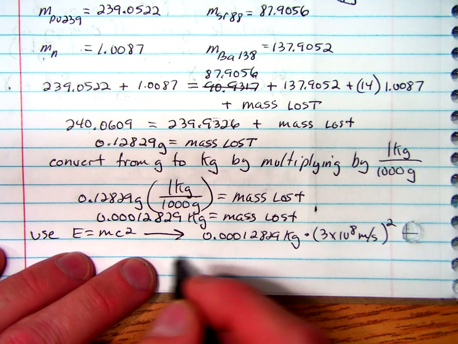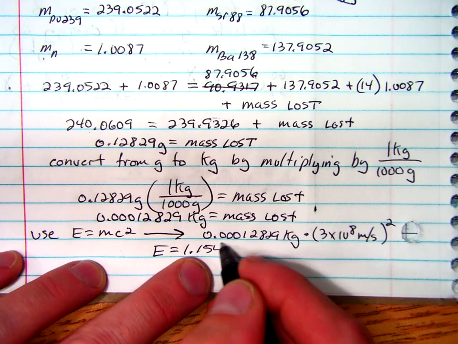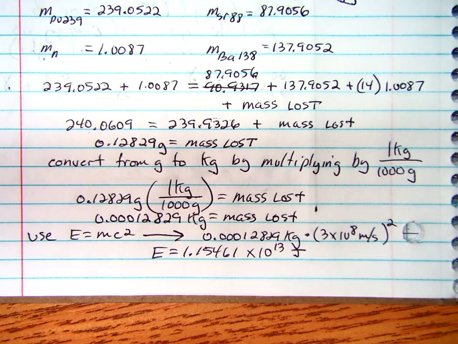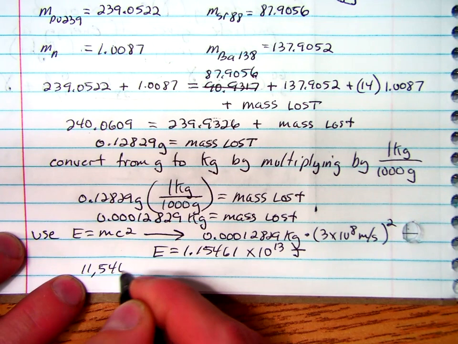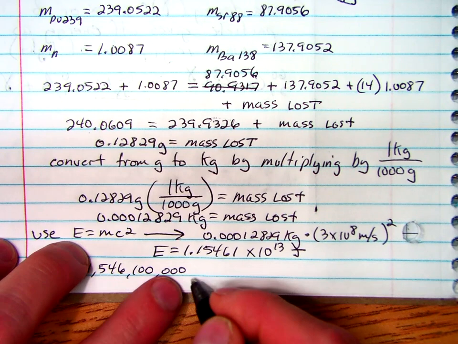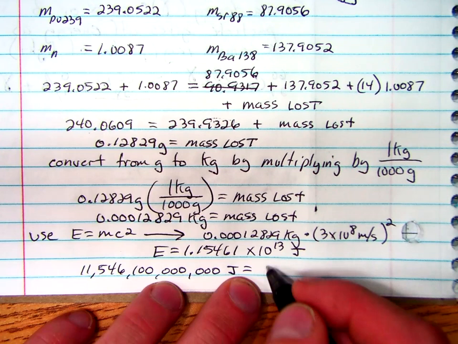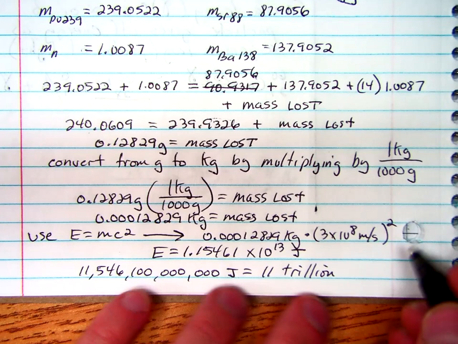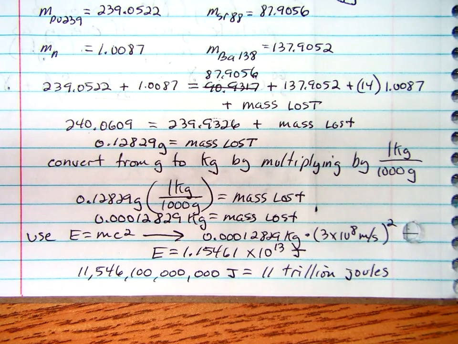This is equal to the energy. So the energy is equal to 1.15461 times 10 to the 13 joules. To give you an idea what that is, it's 11,546,100,000,000 joules, which equals about 11 trillion joules. That's a lot of energy for 0.1 grams of mass.